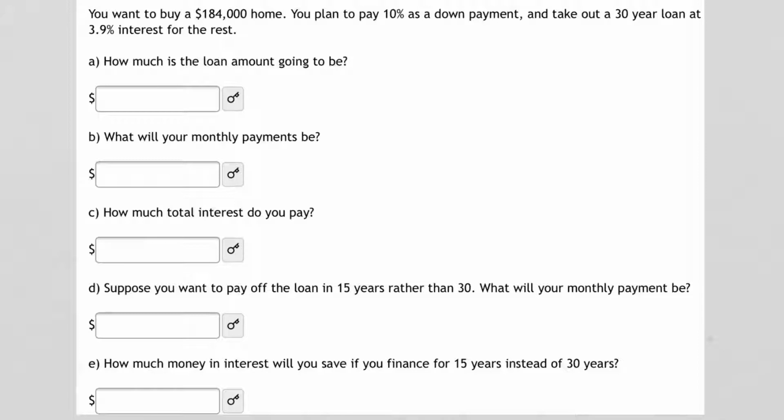The first thing is to recognize that we have a 10% down payment involved in this problem. So if we have a 10% down payment, that's going to help us determine how much we're going to take out for our loan.